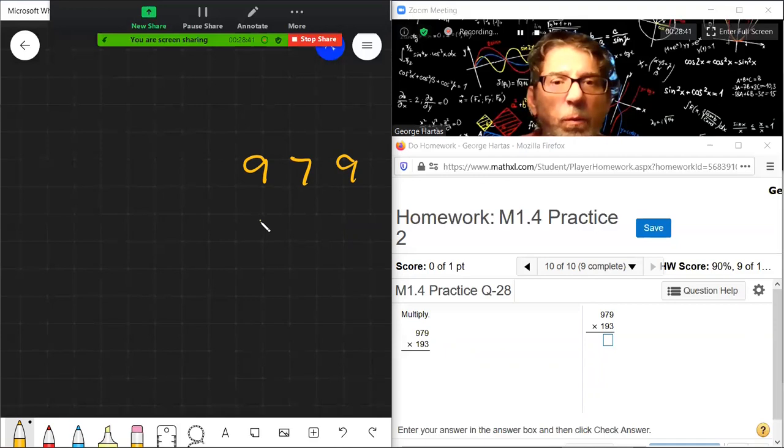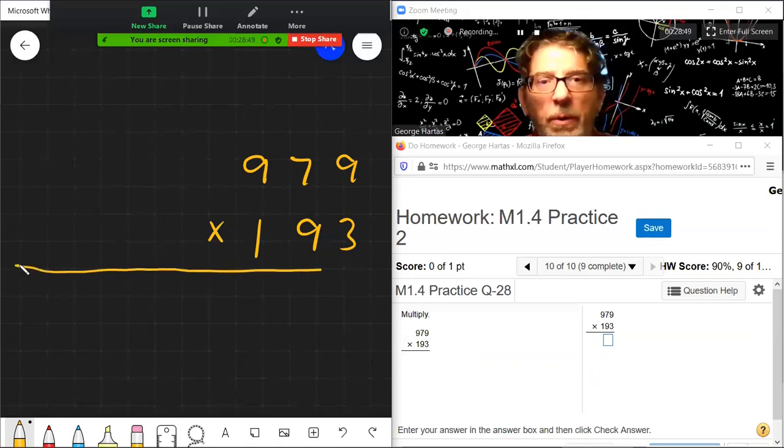So, all right, so we have 193. Plenty of space, right? I moved it way to the right because I know I'm going to wind up going way that way. All right, so here we go. Start with this. 3 times 9 is 27.